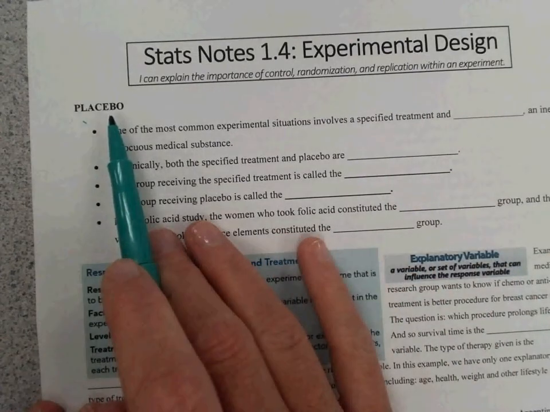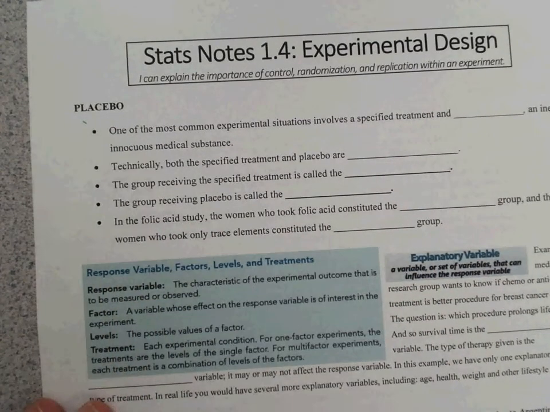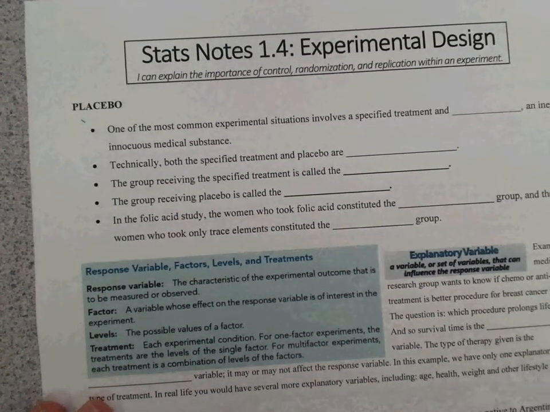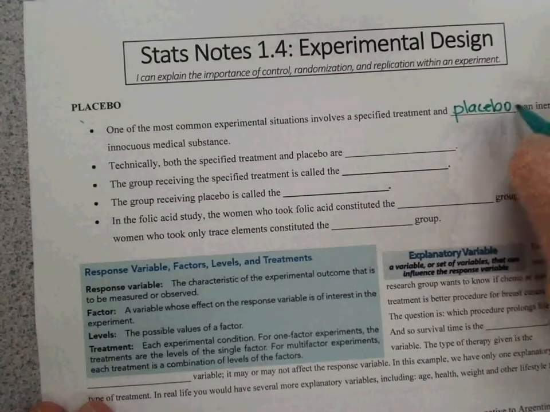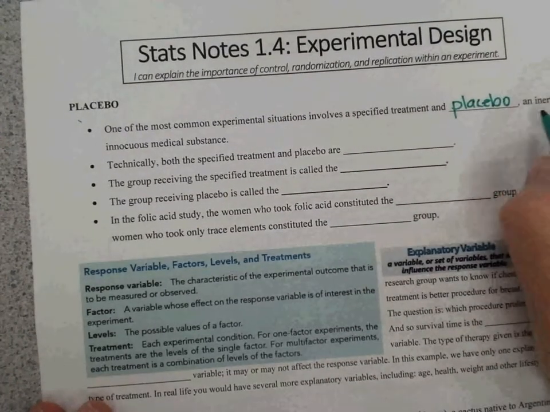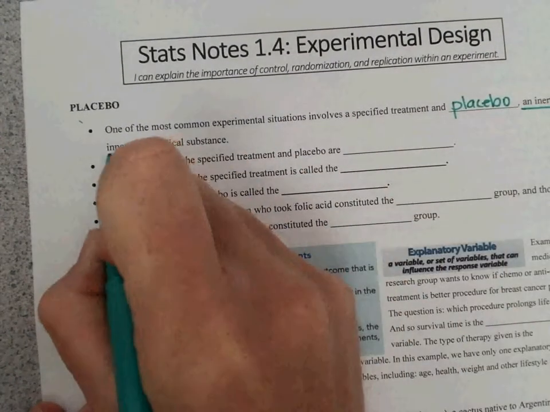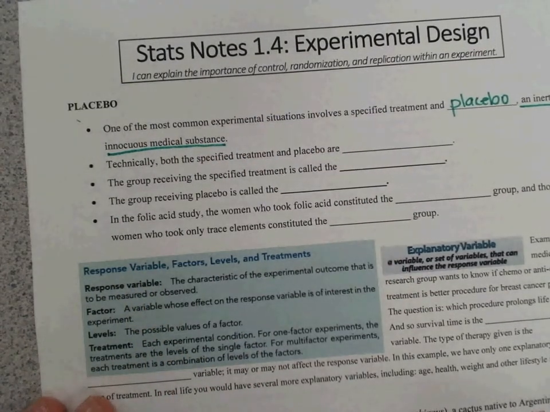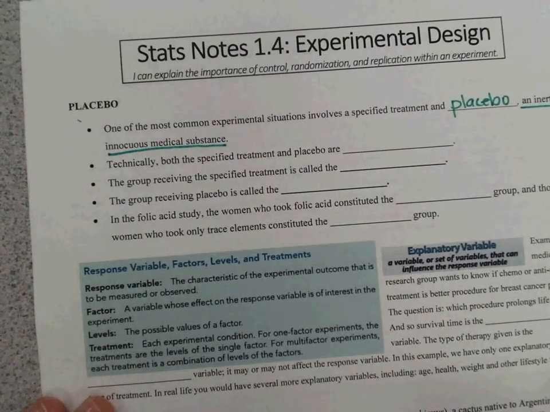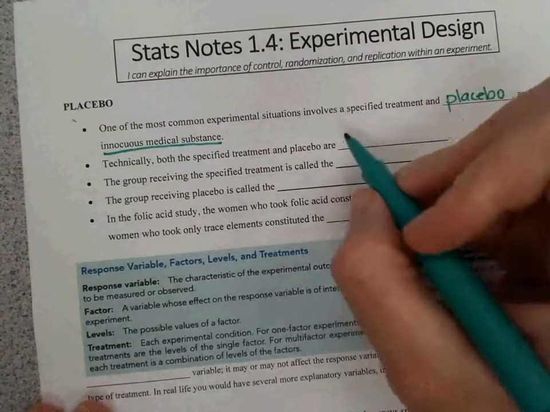One of the most common experimental situations involves a specified treatment and placebo, which is an inert or innocuous medical substance. Technically, both the specified treatment and placebo are treatments.